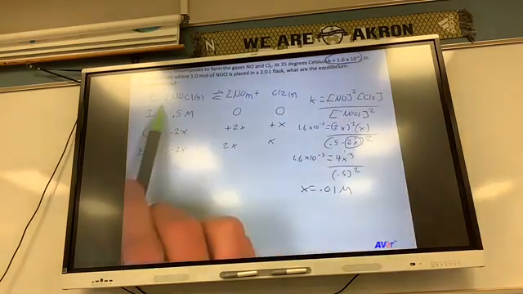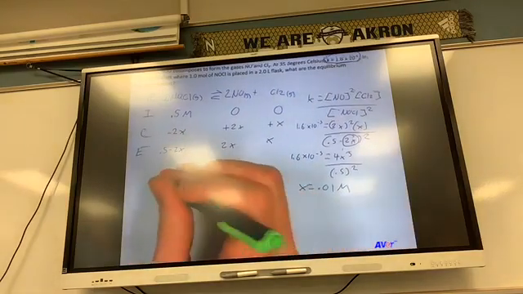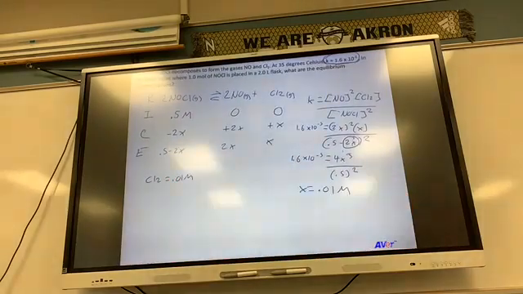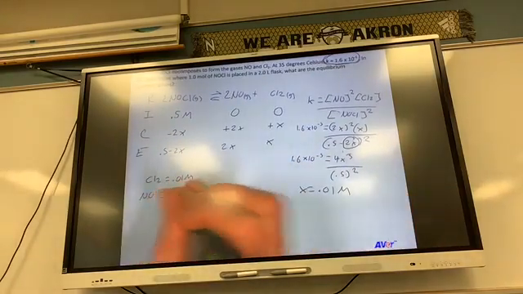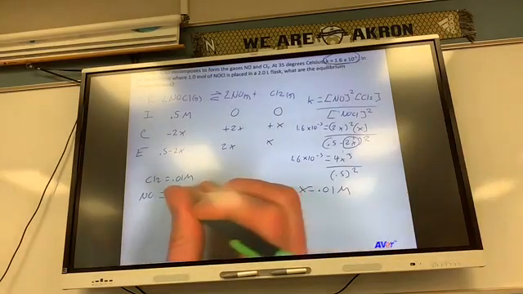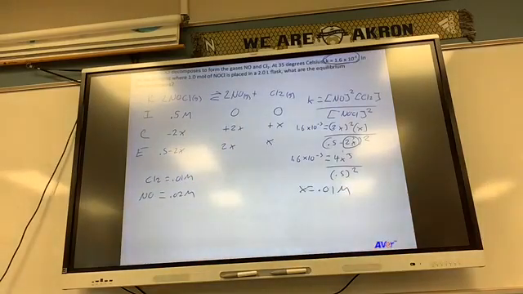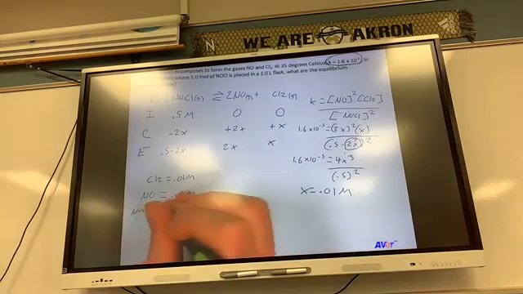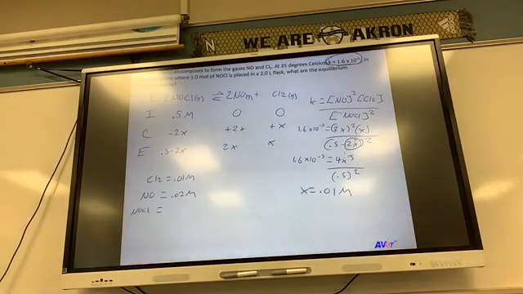So then what are the equilibrium concentrations? Well, Cl2 is going to be 0.01 molar. NO is going to be 0.02 molar because it's 2x, right? And NOCl is going to be 0.5 minus 0.02.